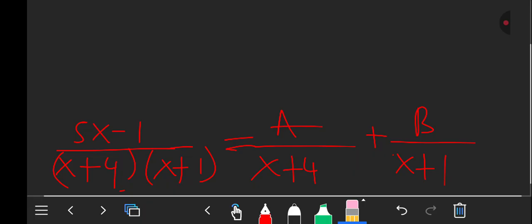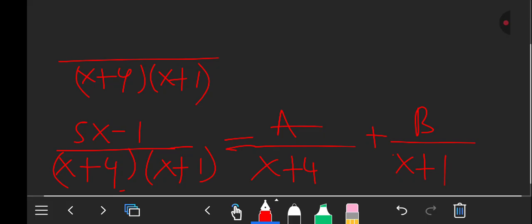So at this point, you can just equate. You can do something to this fraction by making it similar to this. Since we can find the common denominator, which is x plus 4, x plus 1, we ask: what is x plus 4 into x plus 4, x plus 1?